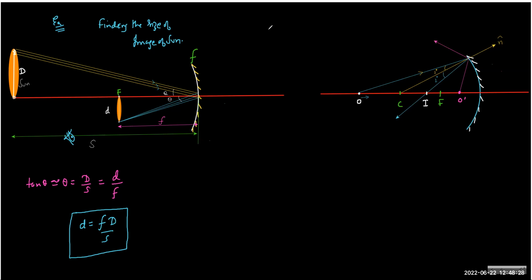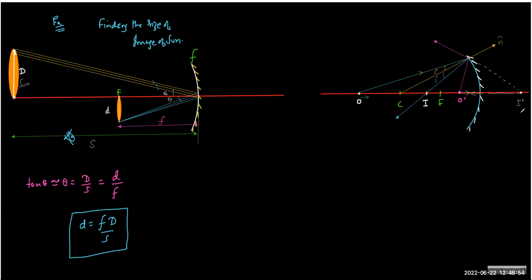And if I choose one more such light ray, or if I extend this backward, this light ray will just reflect back. So these two will intersect somewhere here. So the image will be virtual because these two light rays will never meet, but they appear to be coming from I dash.